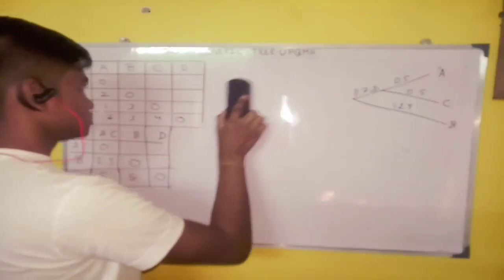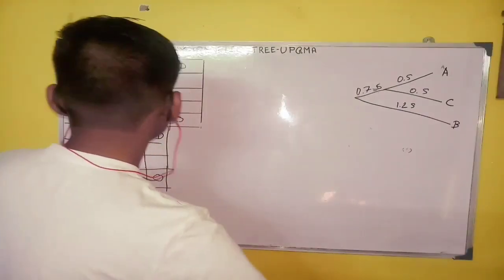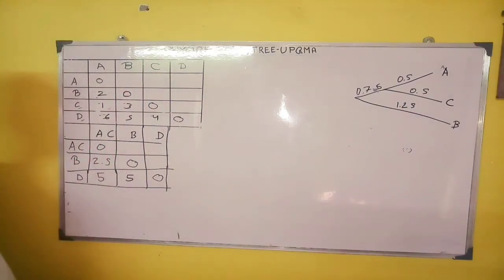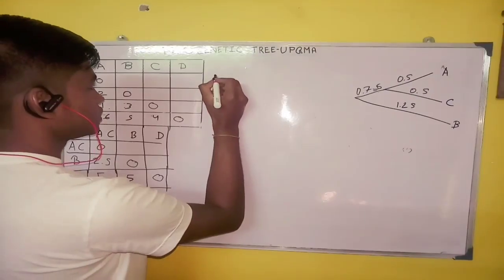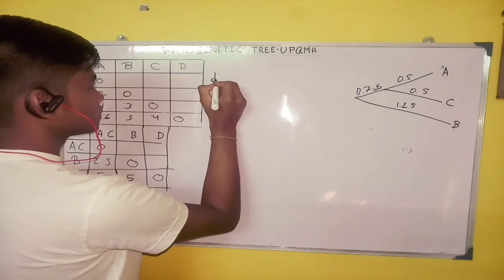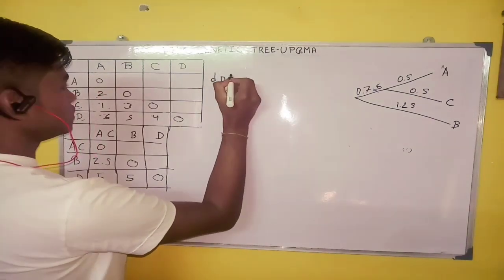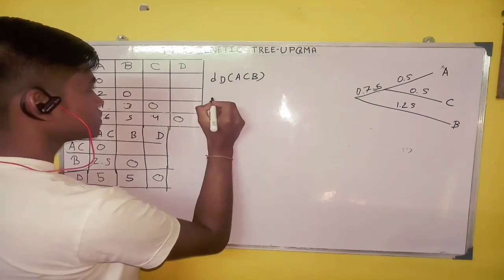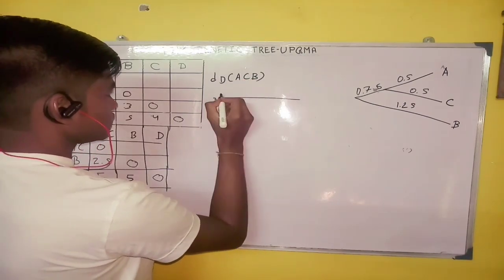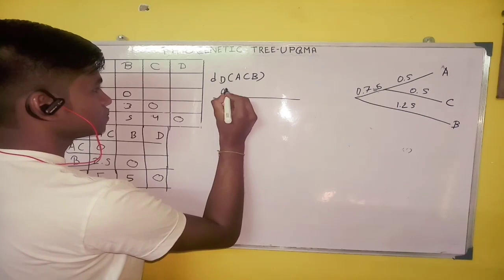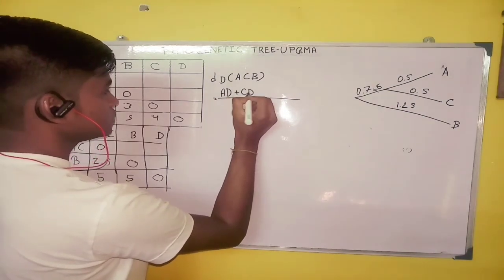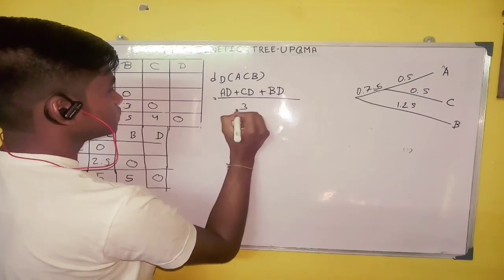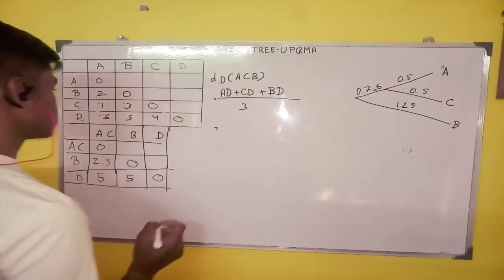So now we will move to the distance of D in respect of A, C, B. So here we will write the distance of D in respect of ABC, and we will write AD plus CD plus BD divided by 3, because there are 3 distances we have taken.